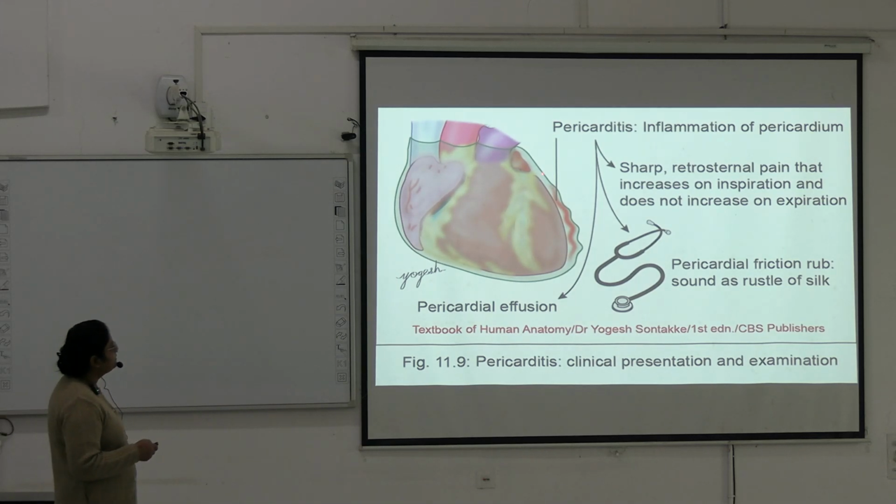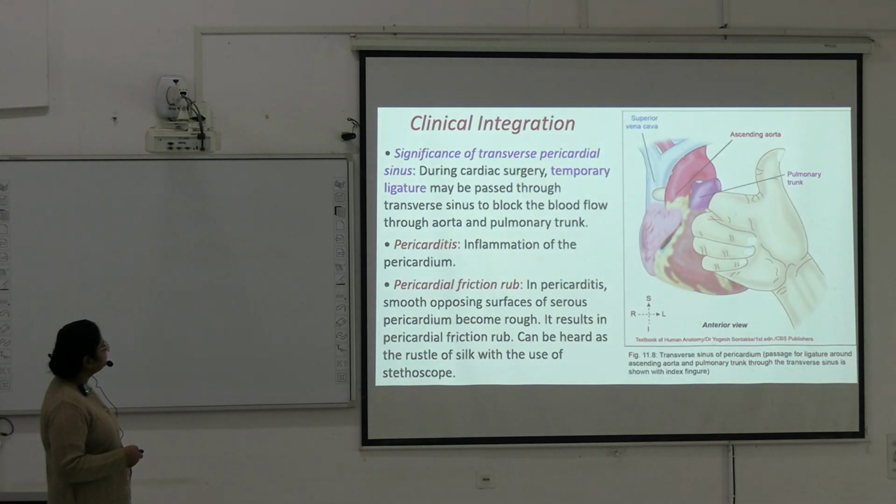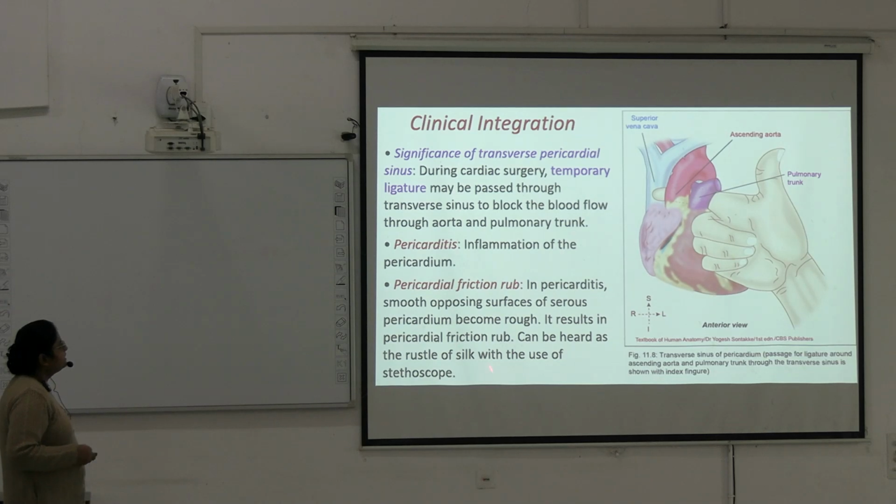Here you can see there is friction occurring between the two layers, parietal and visceral, and there will be a friction rub in pericarditis. So these are the clinical aspects.